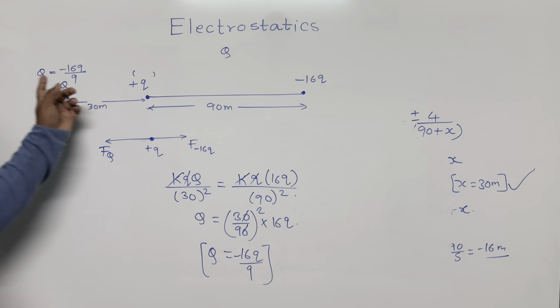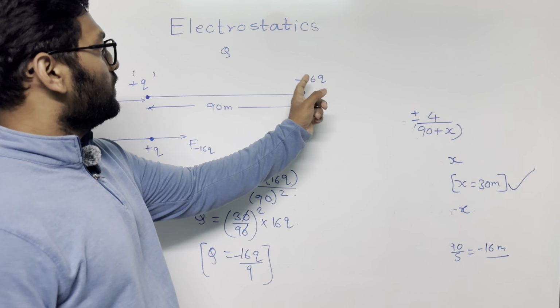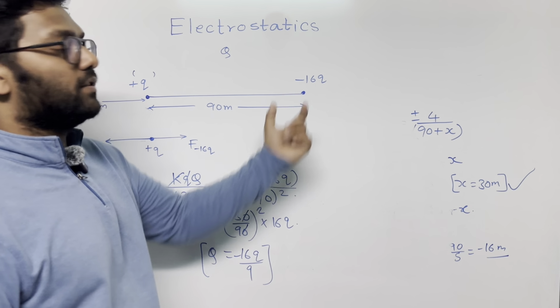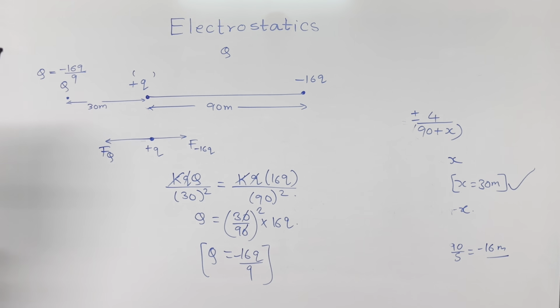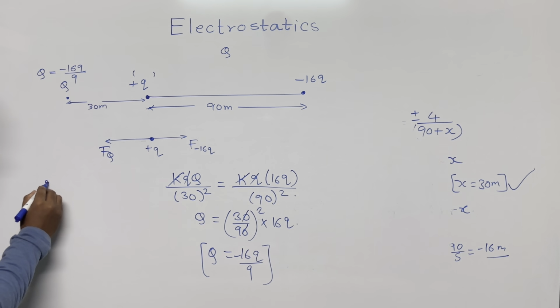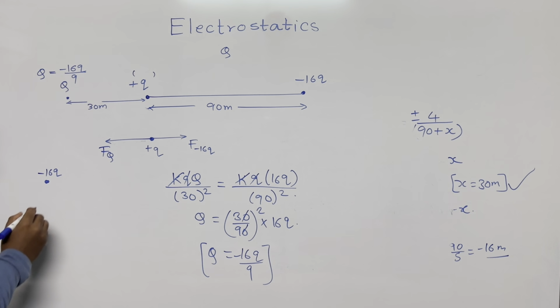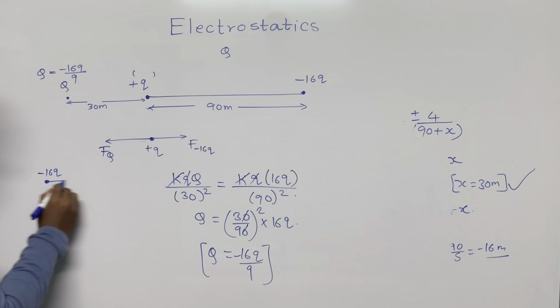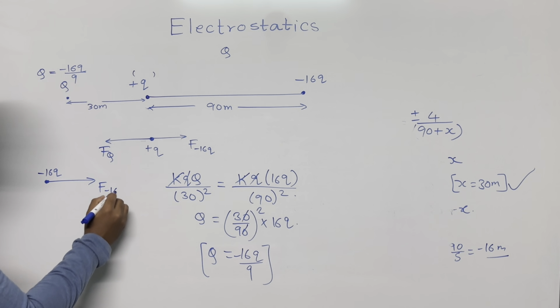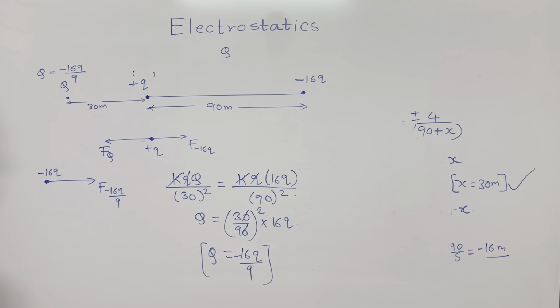Okay, now the same thing, if you see the net force on this minus 16q, it is going to be 0, right? So if I write this minus 16q charge here, the force due to minus 16q by 9 is repulsive, right? So the force due to minus 16q by 9 is in the right direction, and the force due to q is in the left direction.